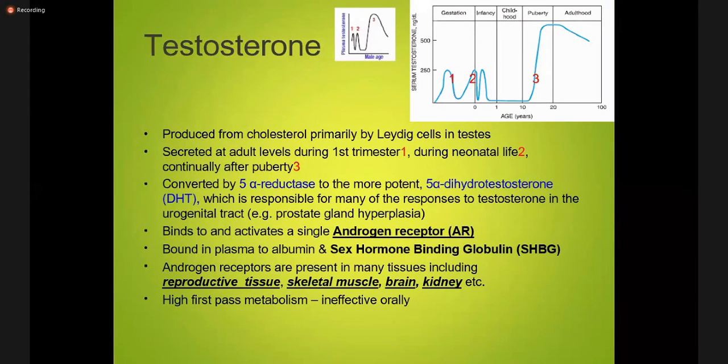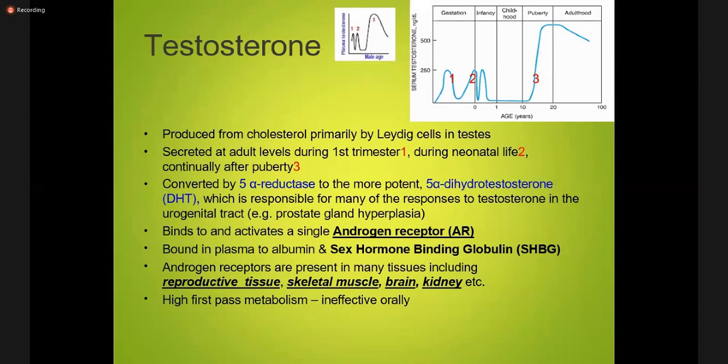Okay, a little about testosterone. Testosterone is produced from cholesterol. So the main precursor of testosterone in our body is cholesterol, and it is produced from the Leydig cells in the testes. An important thing is that this hormone is active in the first trimester of pregnancy, also in later life, and then finally in the puberty period.